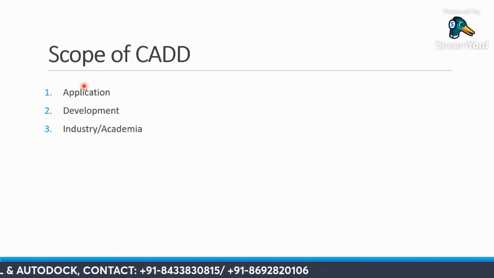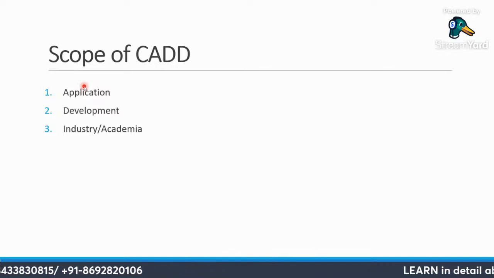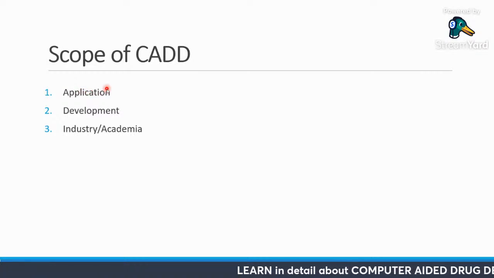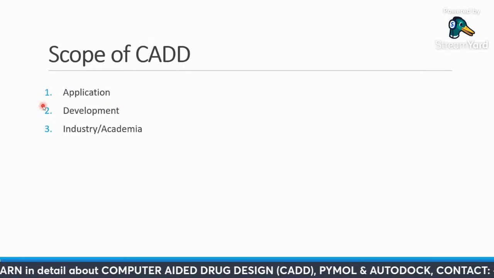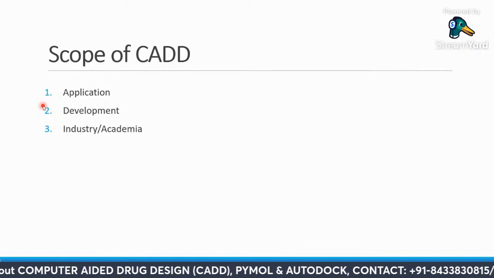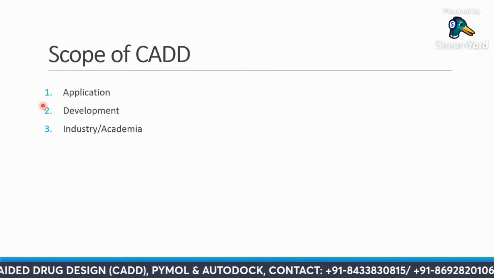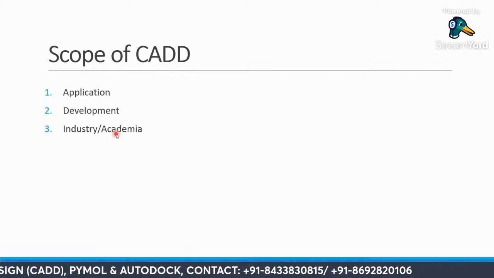I like the field of drug discovery, and coding is something that I do as a hobby. It's not something that I'm really passionate about. So I definitely prefer the application field. But if you really enjoy and are passionate about coding, and at the same time you like pharmaceutical or drug discovery as a process, then you can also look into the development field.